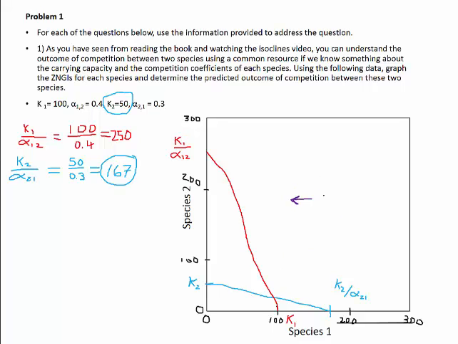It is way above its blue zenji line. Similarly, for species number 2, it's also in negative growth territory because it is way beyond its zero-growth isocline. Because it's on the other side of this red line, it's in negative territory. So I've drawn my 2 vectors. One for species 1 is horizontal and species 2 is vertical. And the combined vector, if I can get this right, is going to be down to the left.